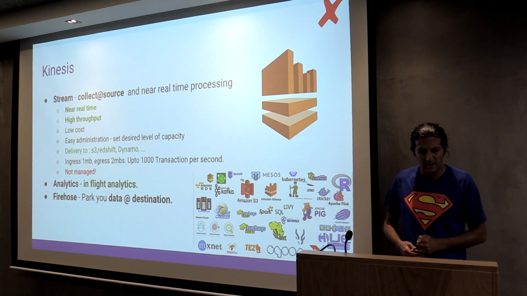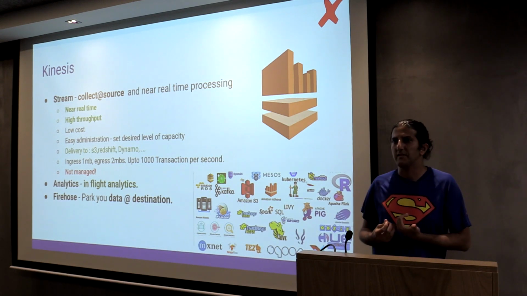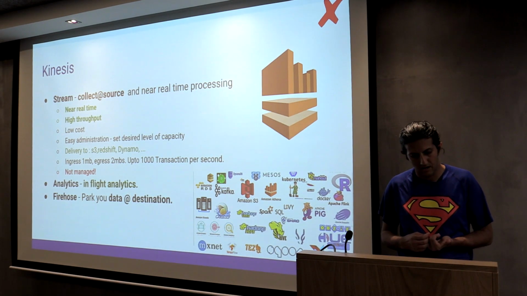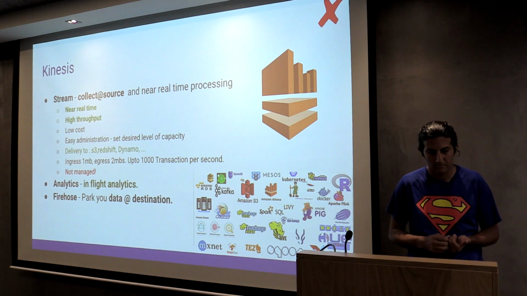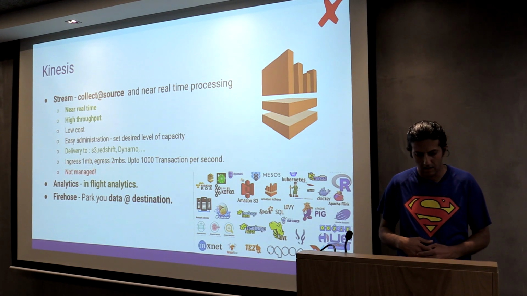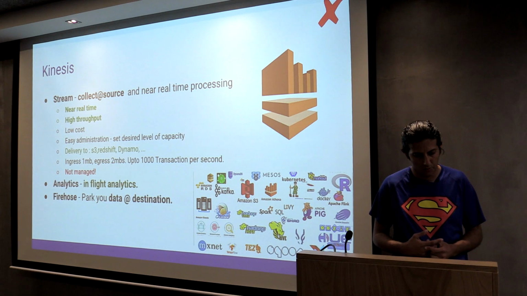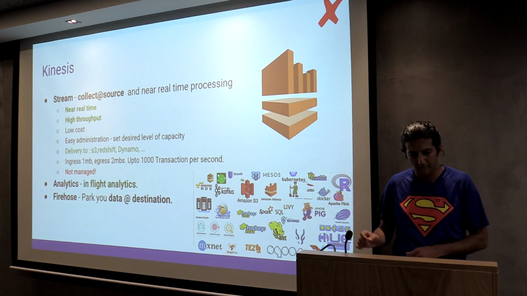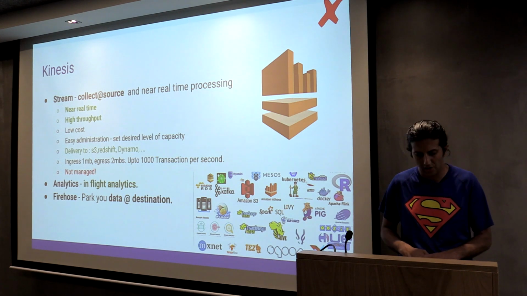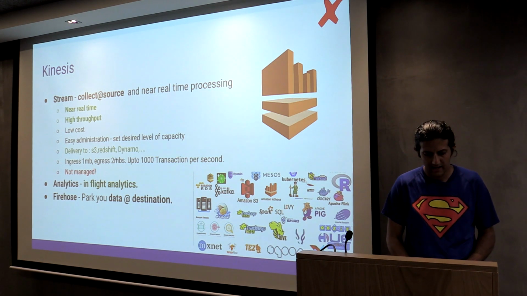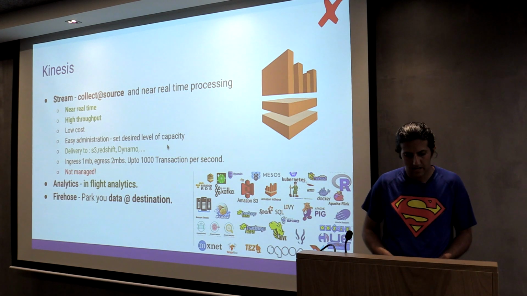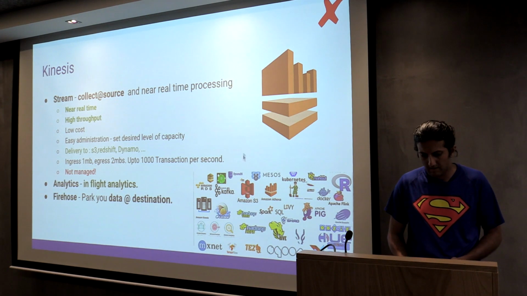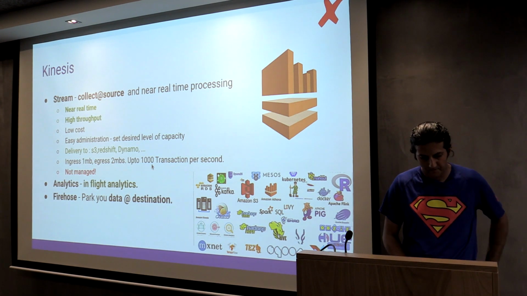Kinesis. Kinesis is a family of products in AWS Cloud. The idea was to collect and do some near real-time processing, to have a high throughput, and you can deliver it to many destinations inside AWS, like S3, Redshift, Dynamo. The ingress rates may differ.